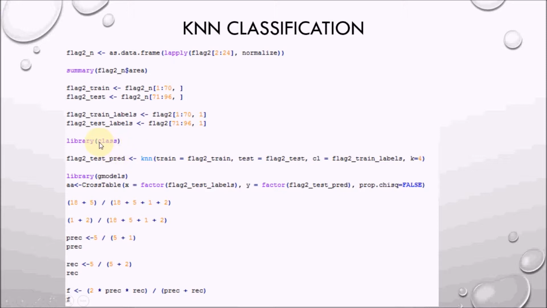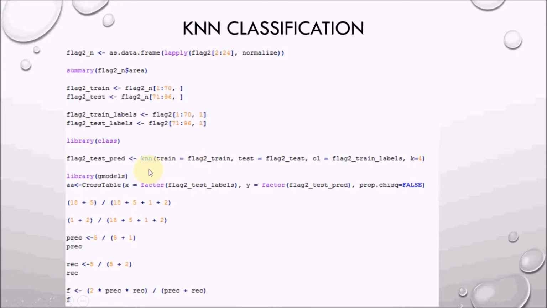We can do that by typing install.packages and then, inside the brackets within the apostrophes, type class. The KNN function takes the train data, the test data, and the labels, and it also allows you to give k a value. In this case it is 4. K equals 4 has produced the best result for my model.